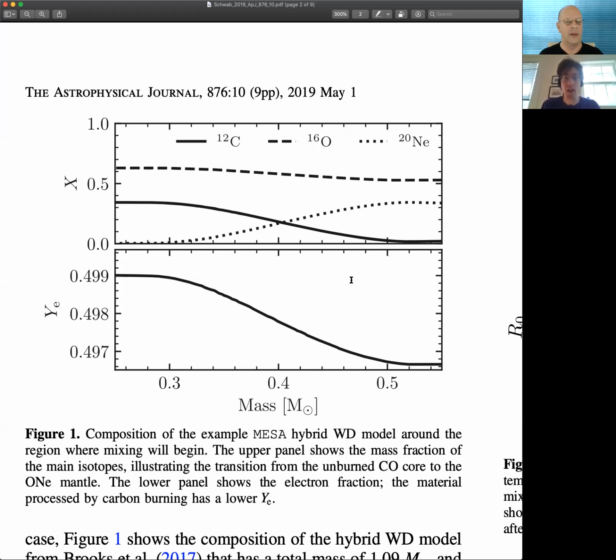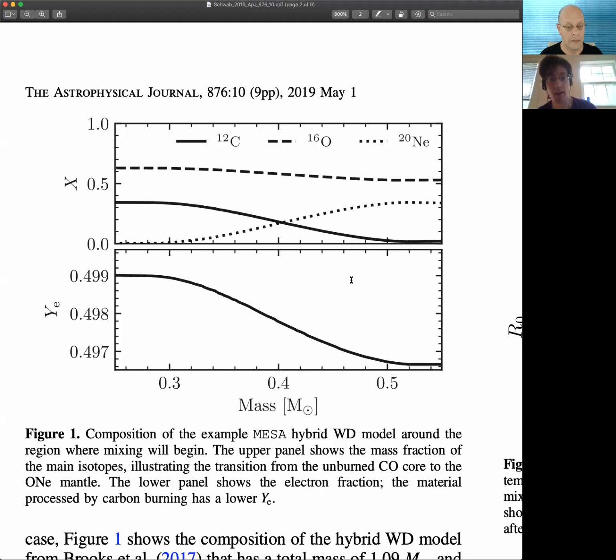Okay. And so the top panel shows the composition. On the left of this plot, the composition is dominated by carbon oxygen, and on the right of the plot, we're mostly oxygen neon. That already tells you that you have, in some senses, a heavy on light situation, because the average mass of the oxygen neon is higher than the average mass of the carbon oxygen.